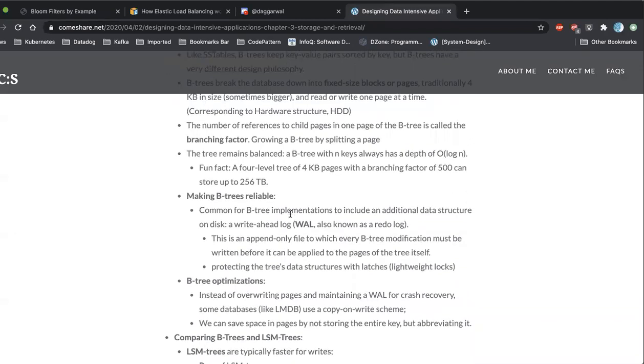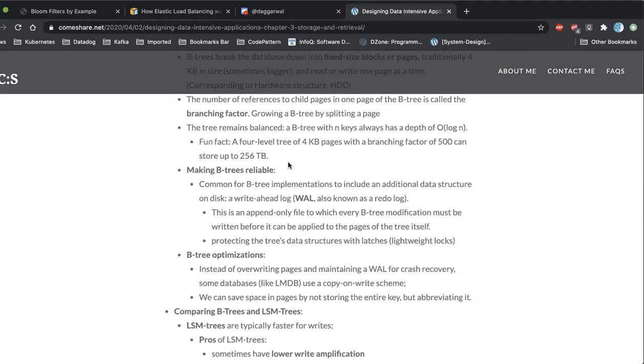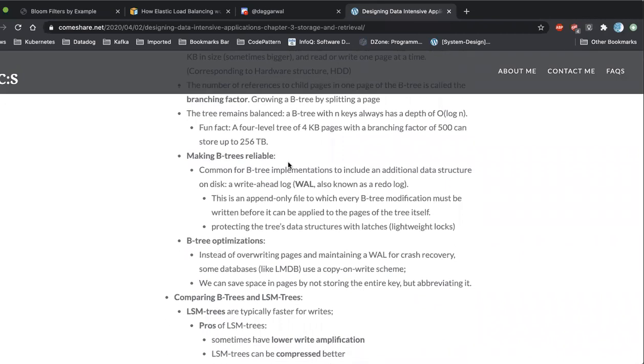So maybe I should put it that way: it can be an in-memory data structure for sure, but in general, when we're talking about data storage, B-trees are very popular in relational databases for storing data on disk.